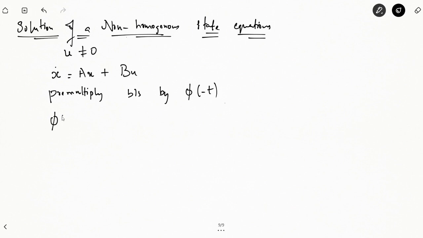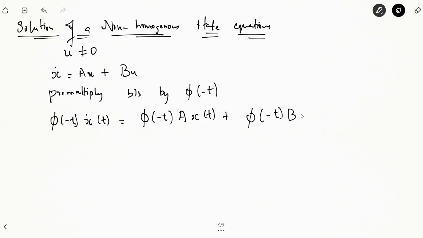That means phi of minus t into x dot(t) is equal to phi of minus t into A x(t) plus phi of minus t B u(t).